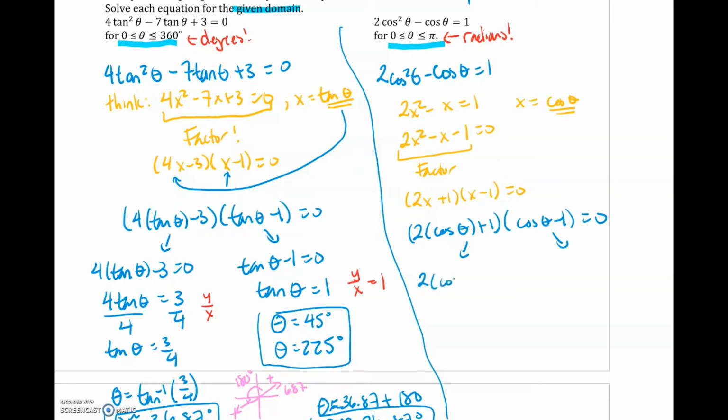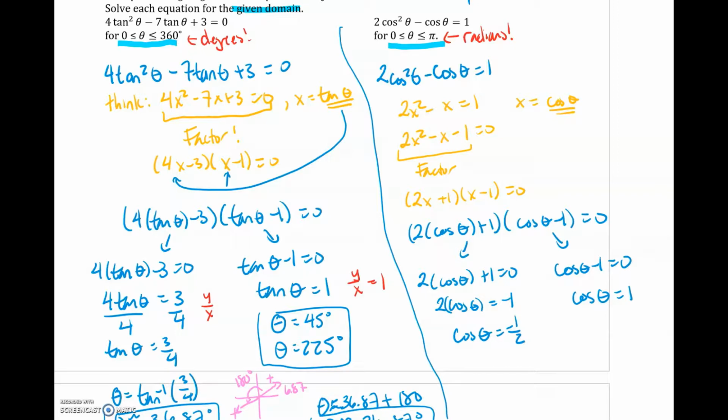So 2 times cosine theta plus 1 has to be 0, or cosine theta minus 1 equals 0. So let's go ahead and solve for our cosine theta. I'm going to subtract 1 from both sides there, divide by 2 to get cosine of theta equals negative 1/2. And alternatively here, just add 1 to both sides, cosine theta equals 1.